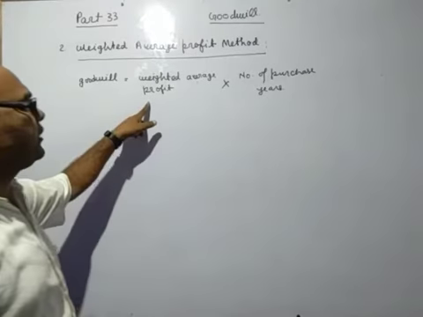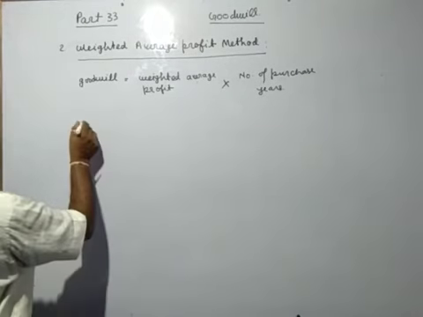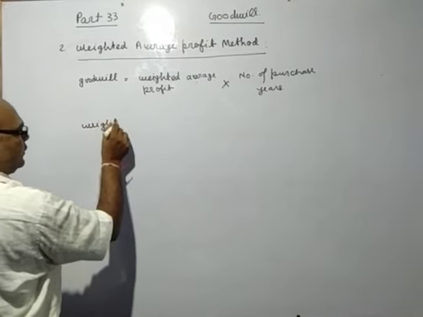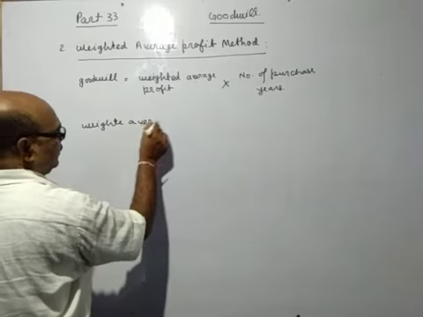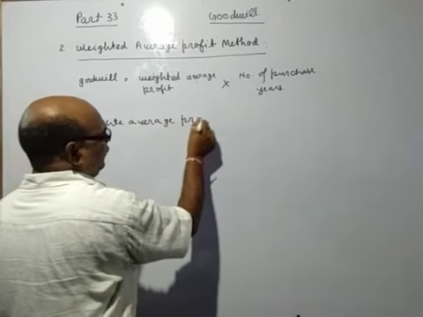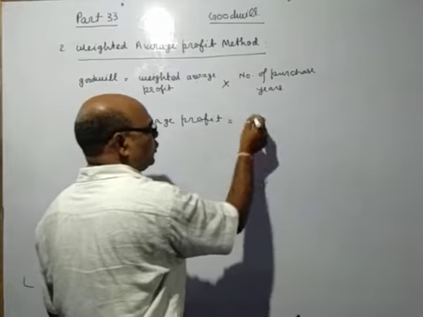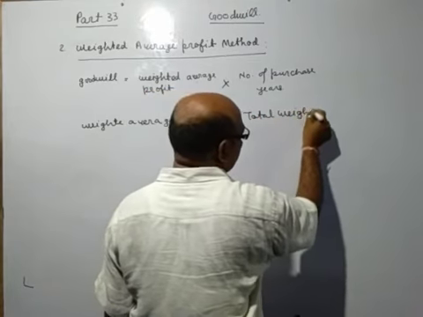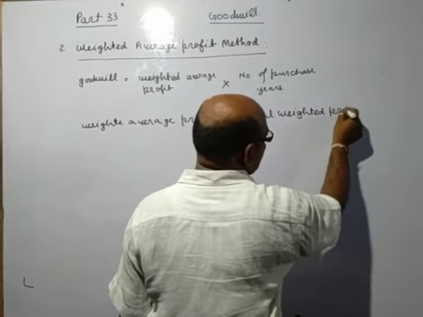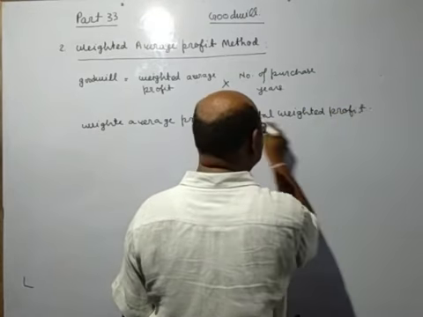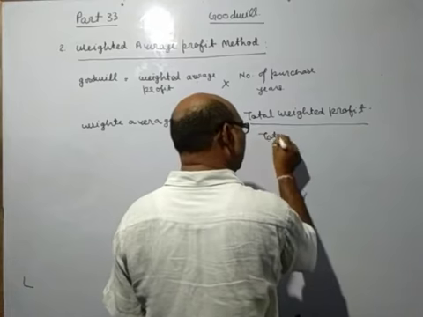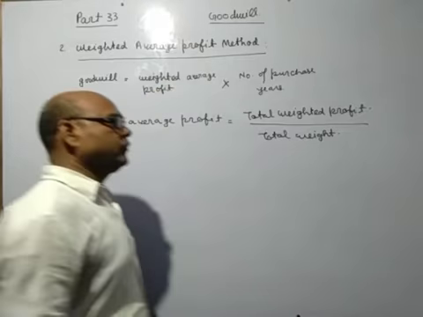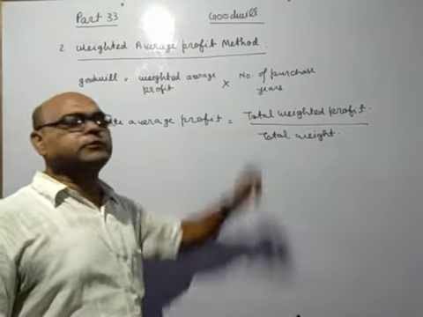How will you calculate the weighted average profit? Weighted average profit means total weighted profit divided by total weight. So how will you calculate the total weighted profit?